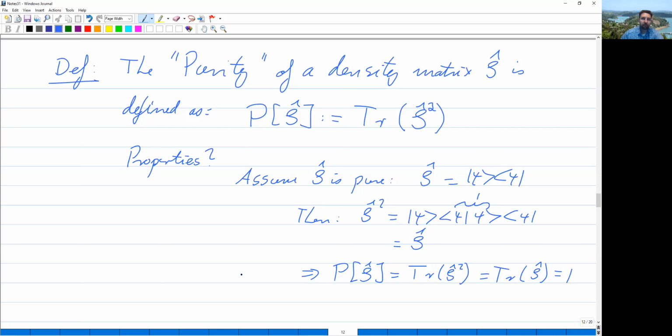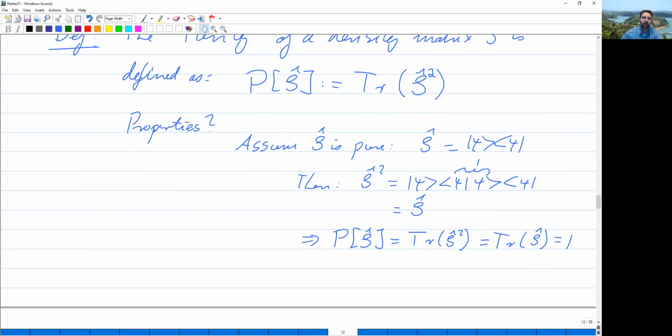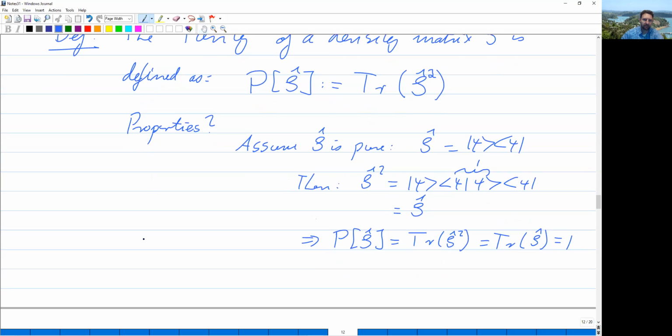Okay, now let us write down the generic case where it may be mixed, in the eigenbasis, which we choose for convenience.